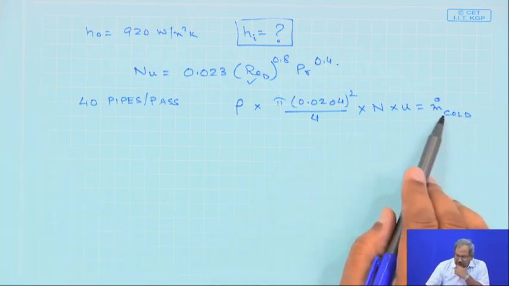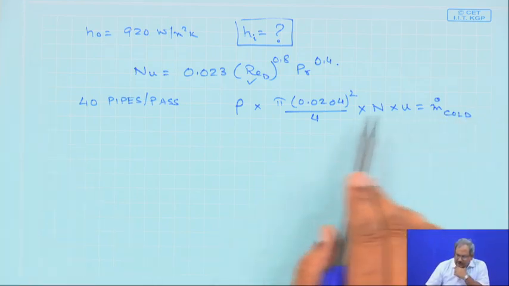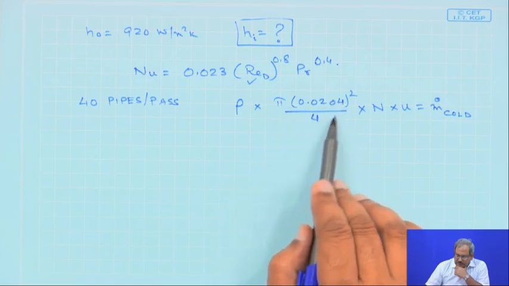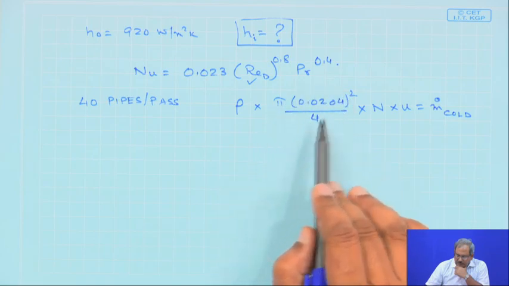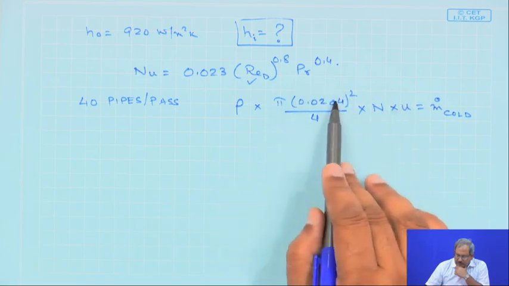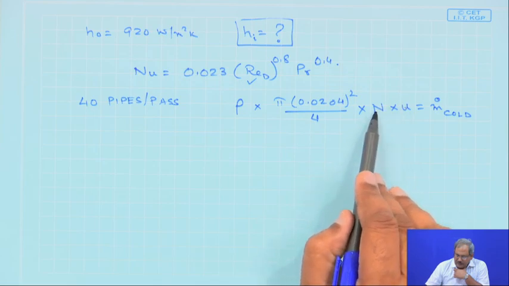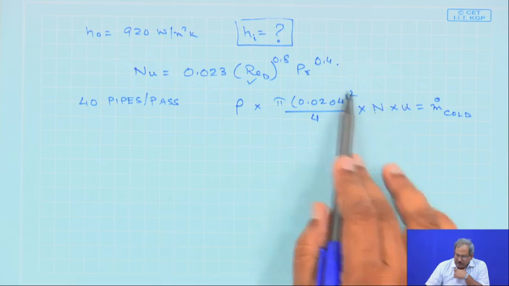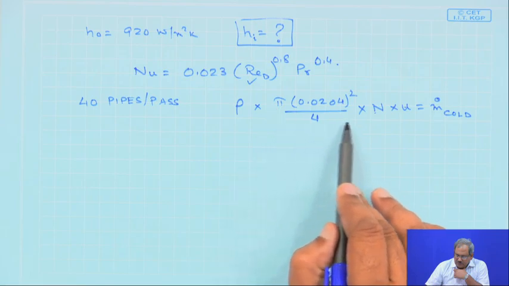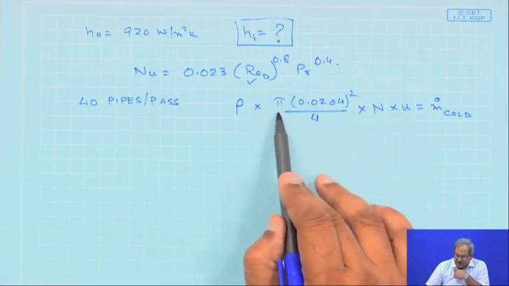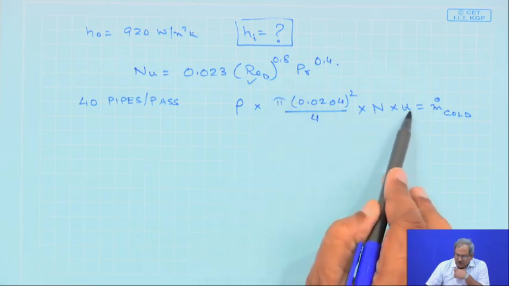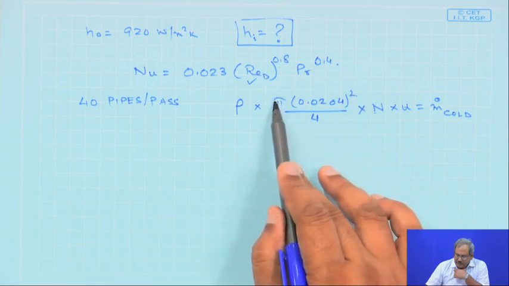Once again, the cross sectional area multiplied by u gives the volumetric flow rate through one tube, multiplied by n, the number of tubes per pass. This is going to be the volumetric flow rate of the cold fluid entering into the heat exchanger.